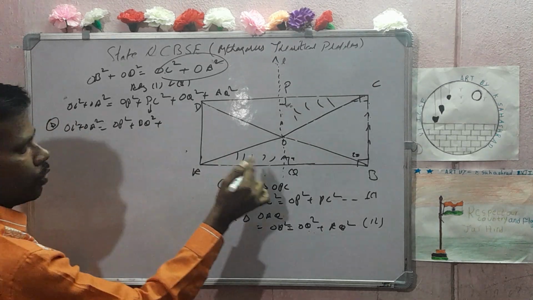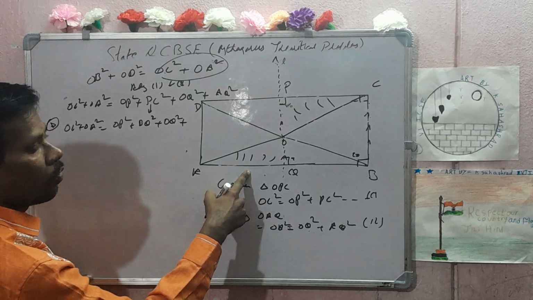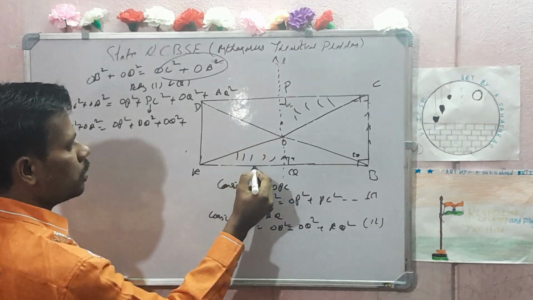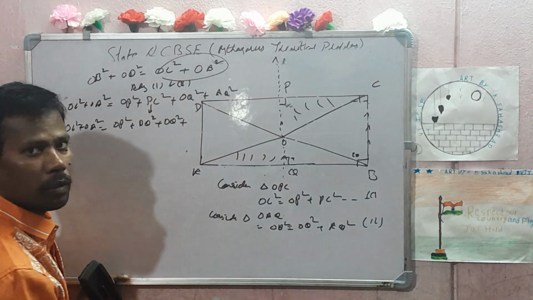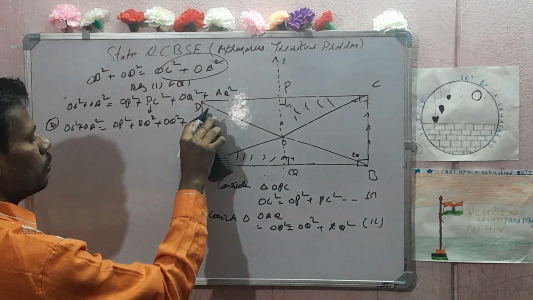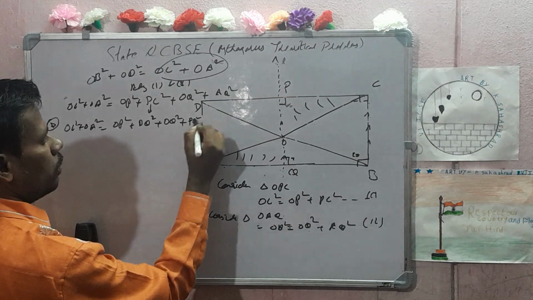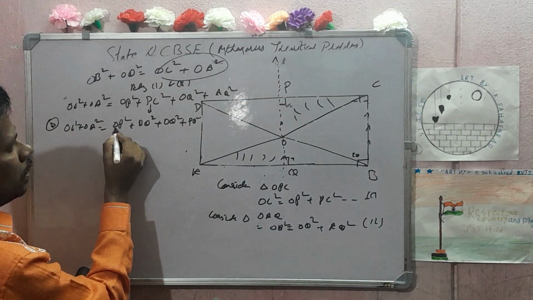Plus OQ square, write as it is, plus AQ square. In place of AQ, in a rectangle opposite sides are equal, so AQ you can write as DP, PD square, right?